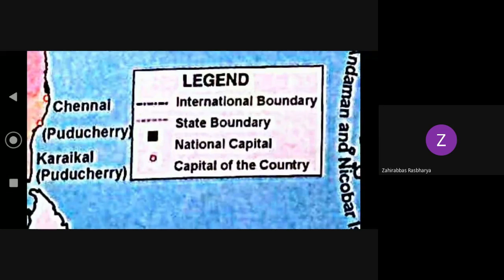Then international boundary, state boundary, capital of the country and national capital. See here, there is only one national capital, so where will it be here?